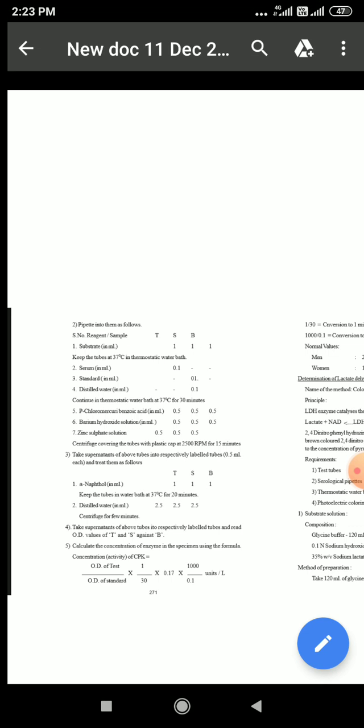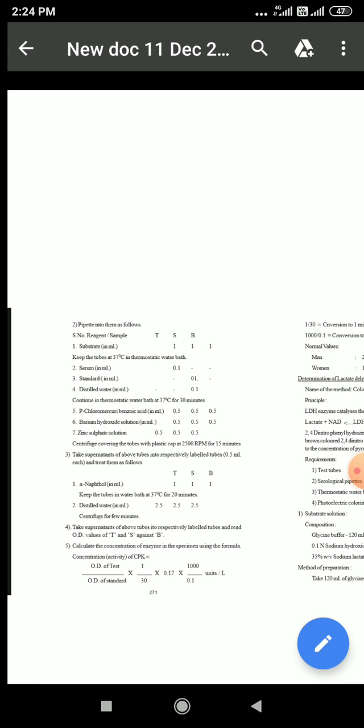Then we will add alpha-naphthol, 1 ml in each tube. Then we will keep the tubes in the water bath again at 37 degrees Celsius for 20 minutes. Then we will add distilled water, around 2.5 ml, in each tube. Then we will again centrifuge for a minute. Take supernatant of the above tubes into respective labeled tubes and read the OD value of test and standard against blank.